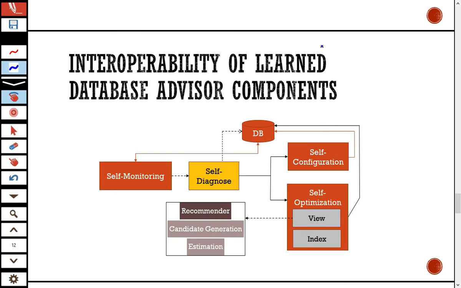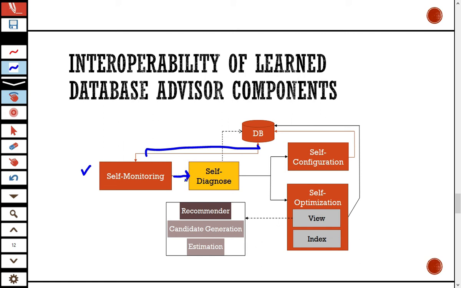In this slide, we will discuss the interoperability of the database advisor components. So let's start with the self-monitoring component. This component regularly checks the metrics of the database. If it finds some irregularity or anomalies from the metrics of the database, it will notify the self-diagnosis component.